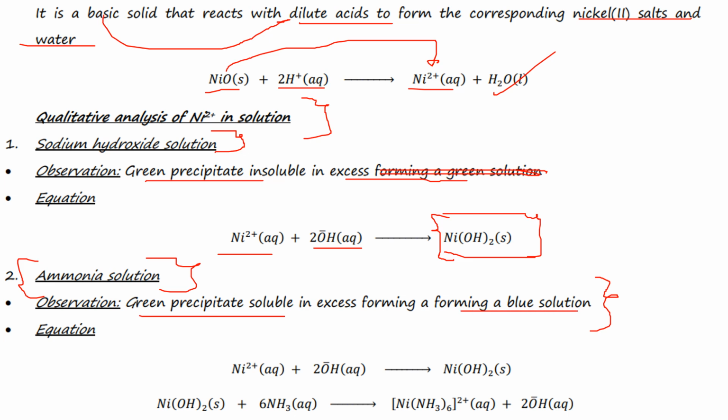The green precipitate is as a result of formation of nickel 2 hydroxide, just like explained above. Now it being soluble to give us a blue solution is due to formation of a complex of amine. So nickel 2 hydroxide reacts with 6 ammonia molecules in water to give us a complex of hexaamine nickel 2 ion, leaving hydroxide ions in solution.